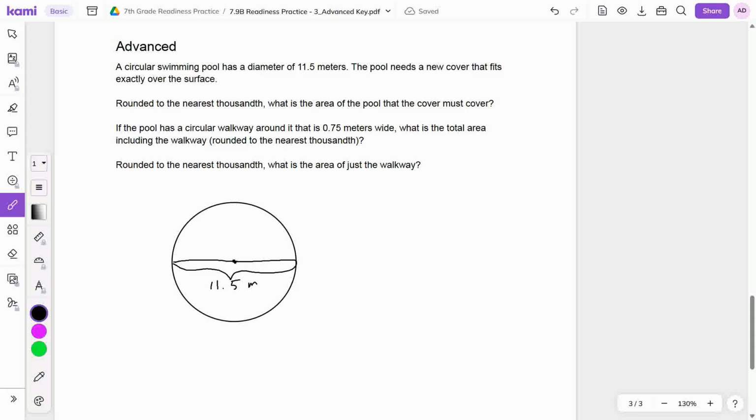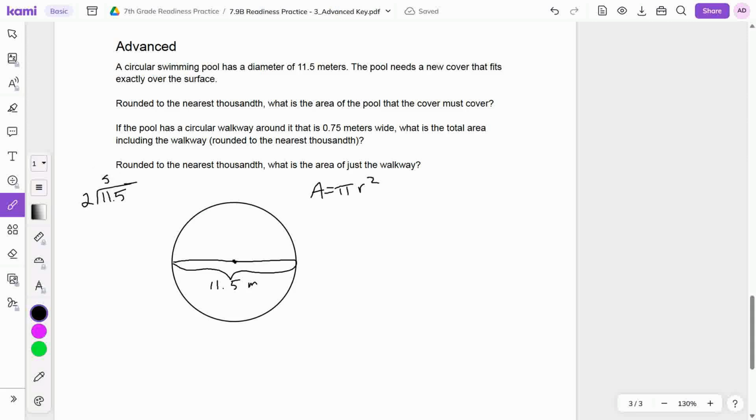All right. So if we're looking at something that sits exactly on the surface, I'm looking for the area on the inside. Okay. So area equals pi r squared. And what is our radius? Well, our radius is going to be half of our diameter. So we need to take our 11.5, cut that in half, divide by 2.